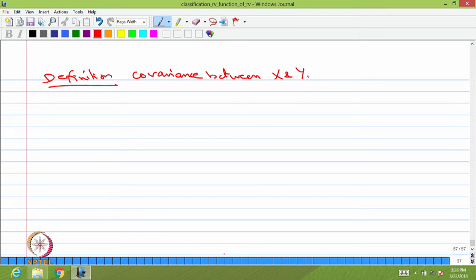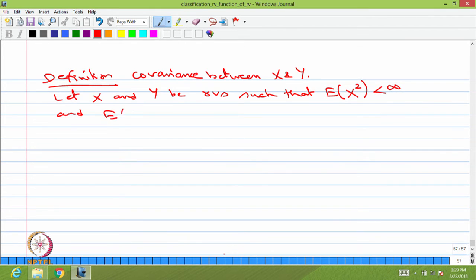x and y. Let x and y be random variables defined on the same probability space, such that the second order moment for the random variable x exists and the second order moment for the random variable y also exists.